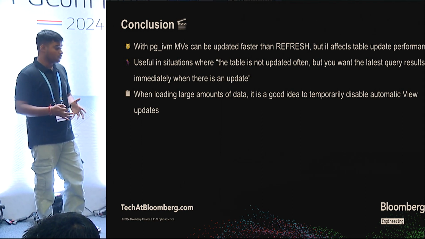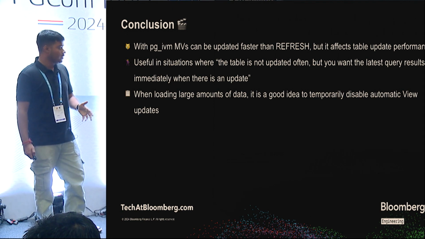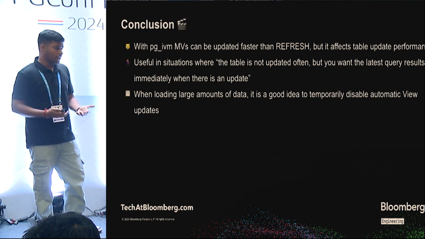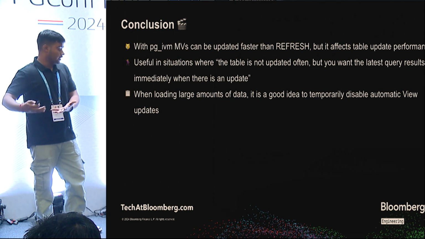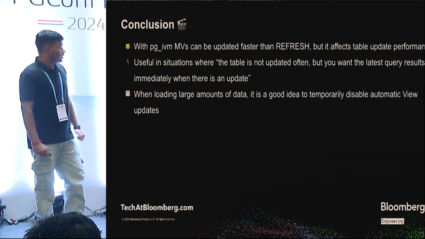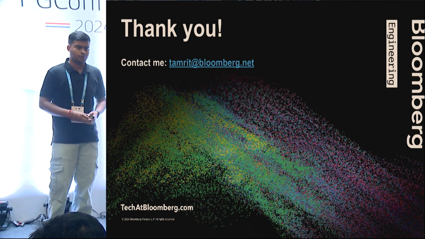What we can do for some time is pause the automatic update from PGIVM, update our base table, and then again create a new PGIVM IMV in order to get the updated version. That brings us to the end of the slides, and I'm open to take any questions that you have.